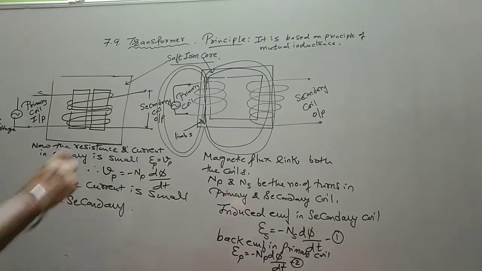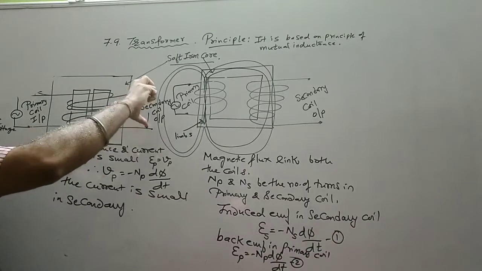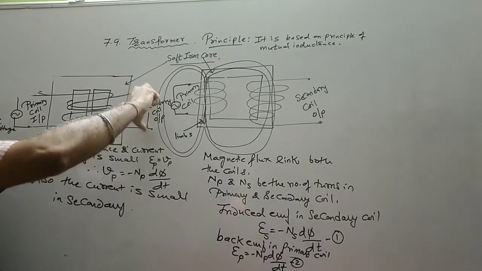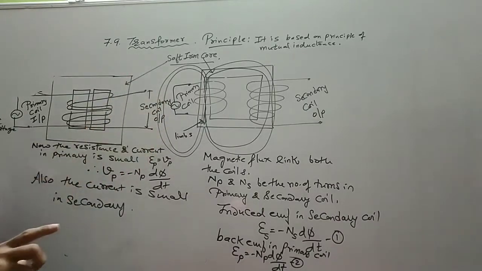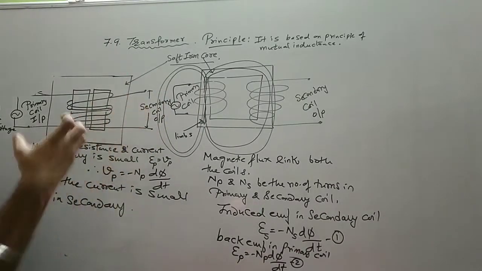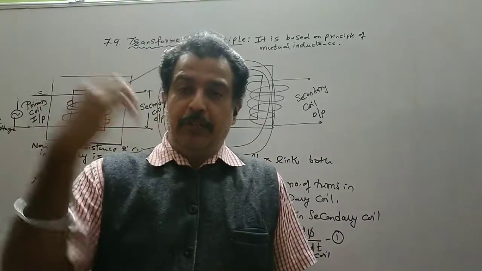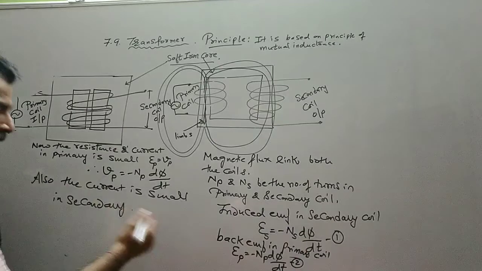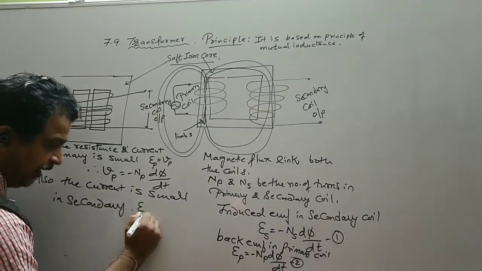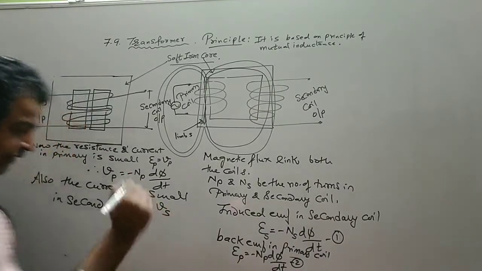So finally we will get an induced EMF, the potential difference across these 2 points, and then if I connect any device, the current will flow through that device. We assume the current which we obtain from the secondary coil is very small. So again we replace ES by VS.